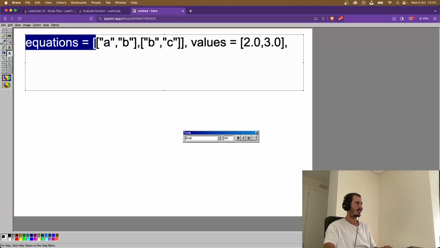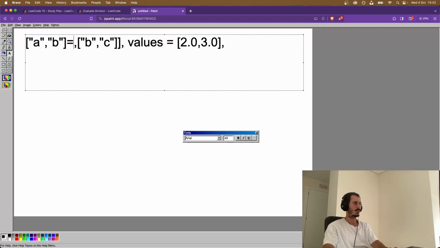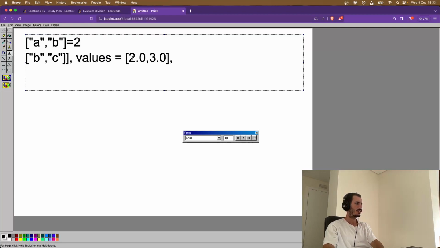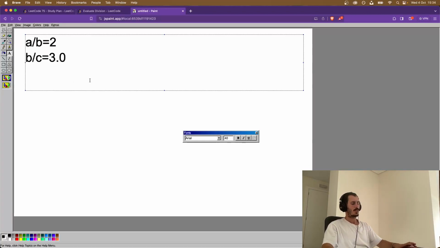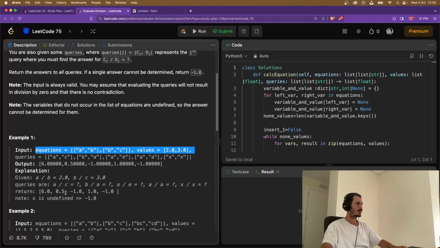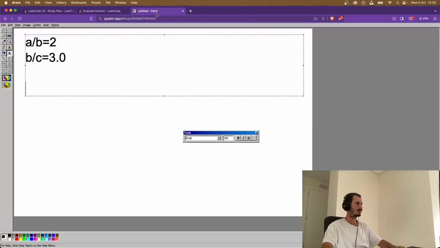So we know that A divided by B equals 2 and B divided by C equals 3. Let me remove these things here. Let's say they want us to find out A divided by C.